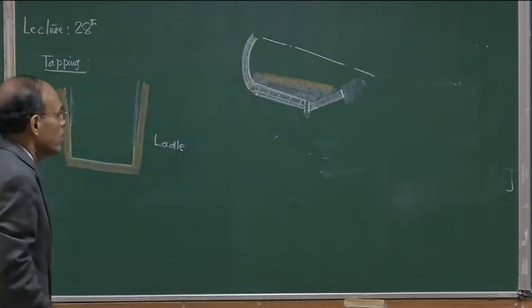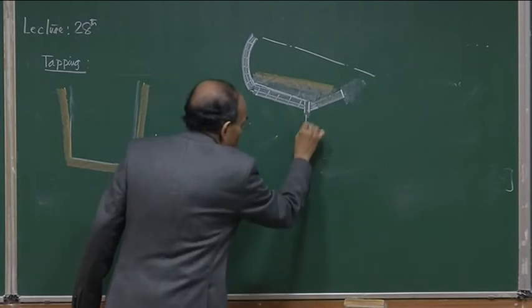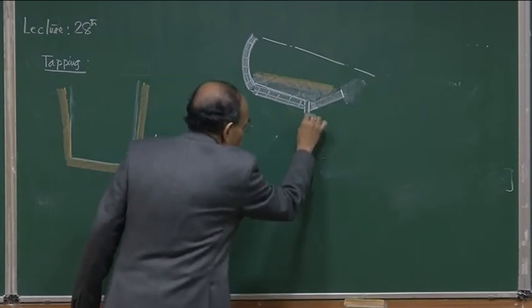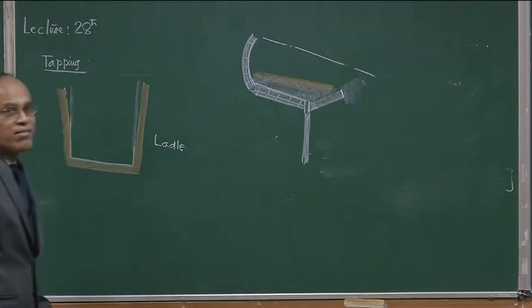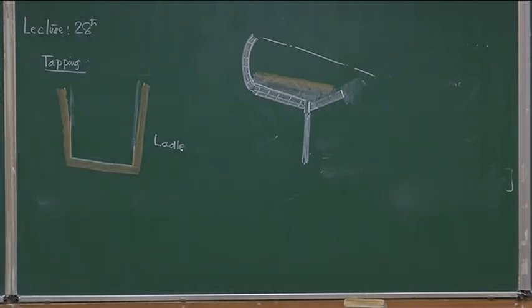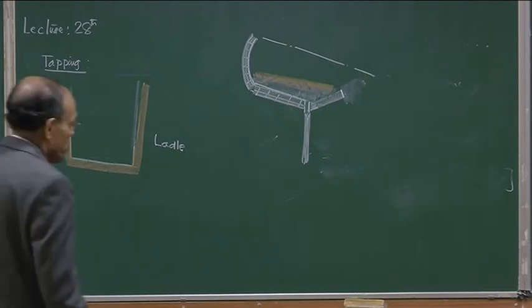That's how it is. And the molten metal comes out at what rate? Maybe 7 tons, 10 tons, 15 tons per minute. That is the rate at which molten metal is drained out.